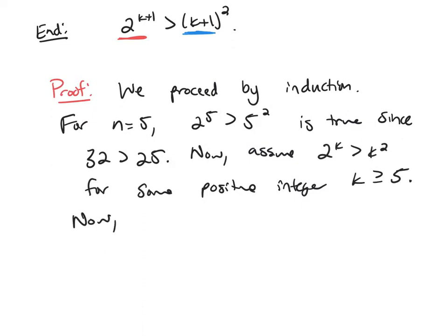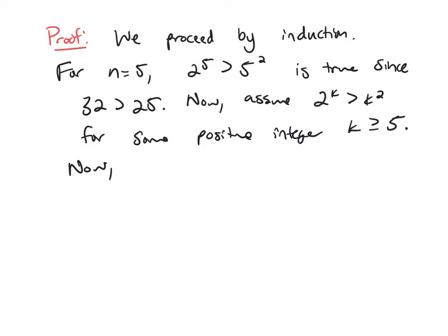Now, we had 2 to the k plus 1 is 2 times 2 to the k, which is greater than 2k squared.